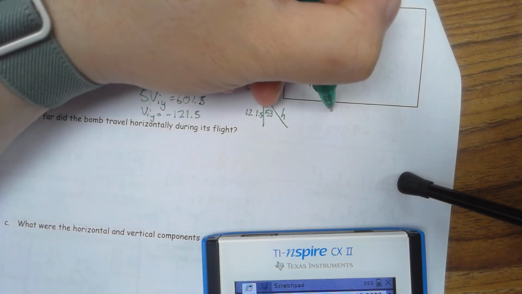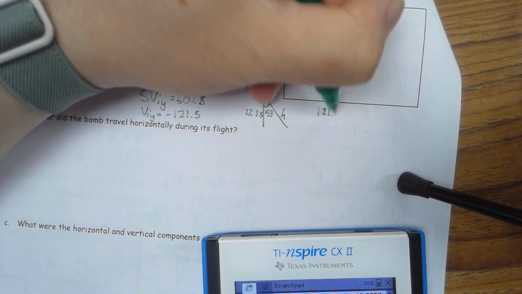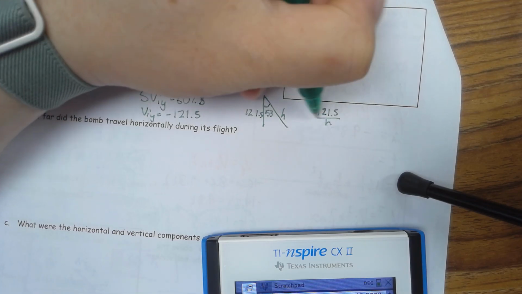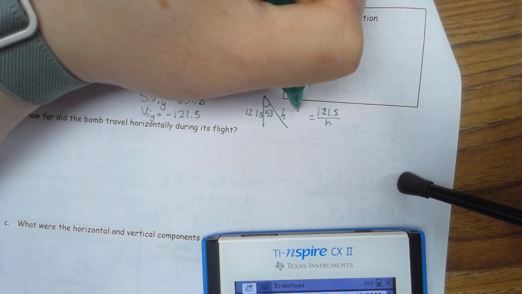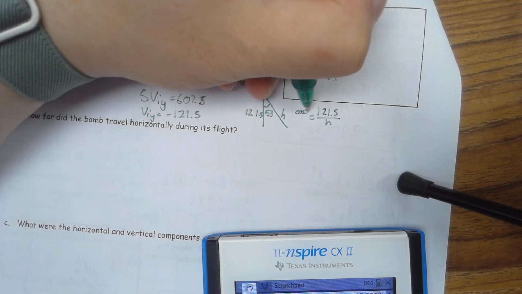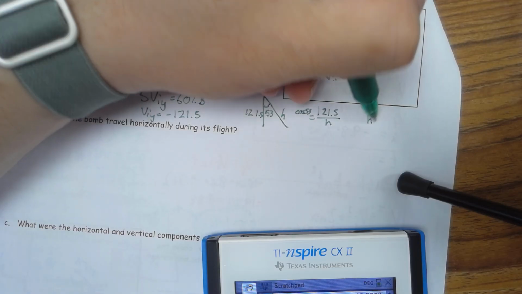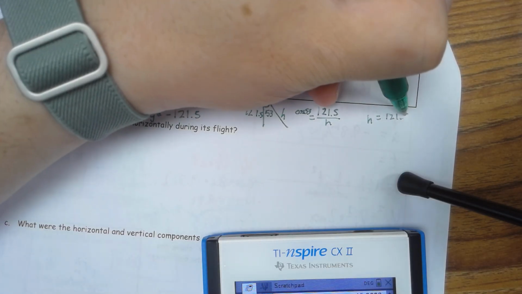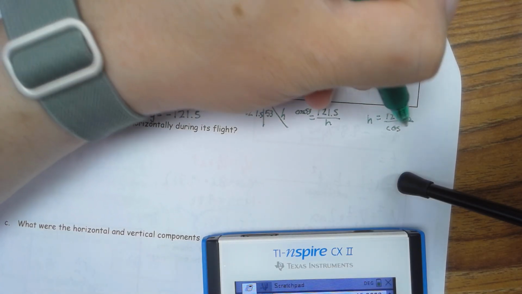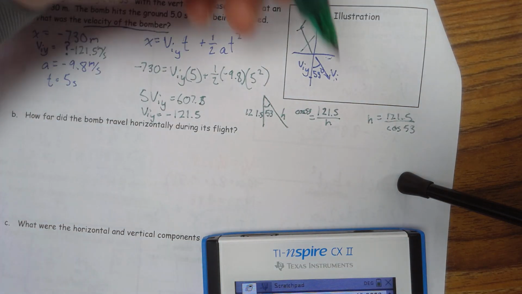So 121.5 divided by h equals cosine 53. If I'm looking for h, h equals 121.5 divided by cosine 53. Hopefully I rearranged that triangle correctly.